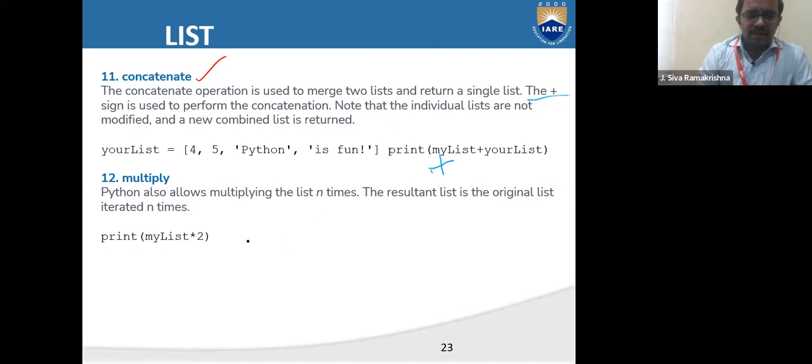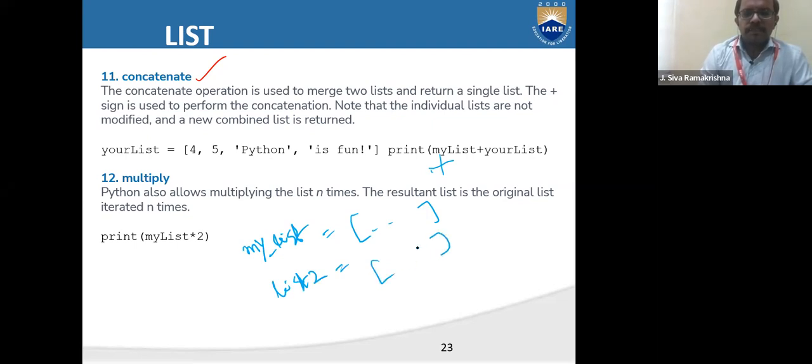So already you have a list. This is my list. It has some values. And I have another list, say that is list 2. Now what I want to do is concatenate. It is simple addition only. So your instruction will be my list plus list 2.